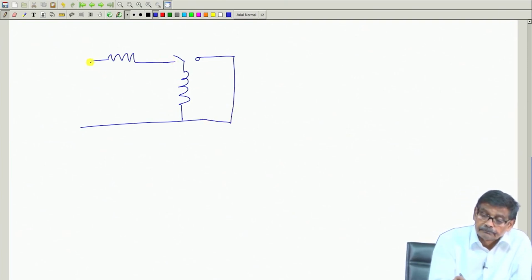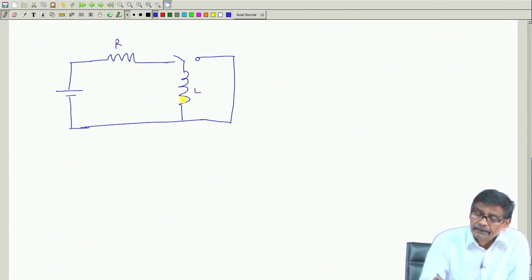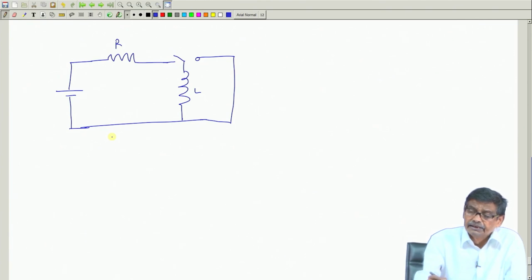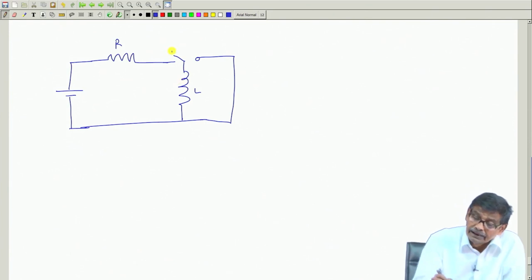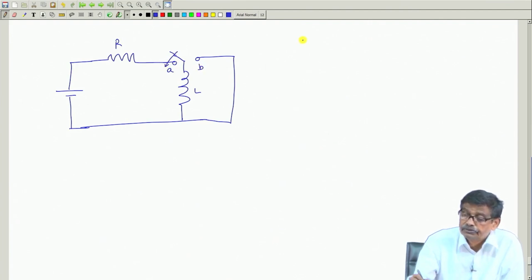So, here you connect E, this is R, this is L, and suppose initially the switch was in the off position, I 0 minus was 0. Then we connect the switch at position A first at t equal to 0.